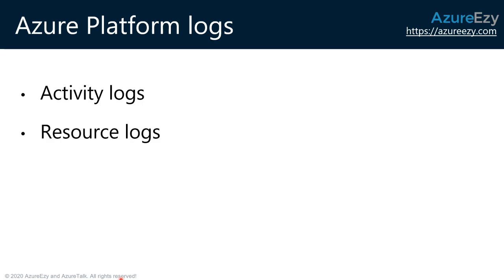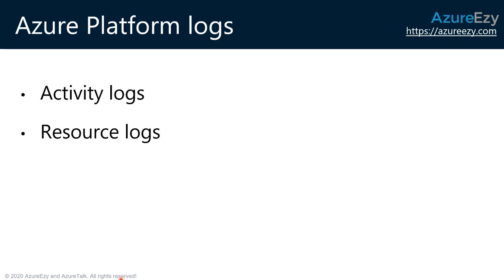Another type of log is resource logs. When you create a virtual machine, the virtual machine itself is called a resource. Who is creating the virtual machine and what size it is, all those come from the activity log. But when the virtual machine is running, it generates some information, some logs, in terms of CPU usage, RAM usage, any kind of error, and its multiple metrics, similar to a storage account and other resources.